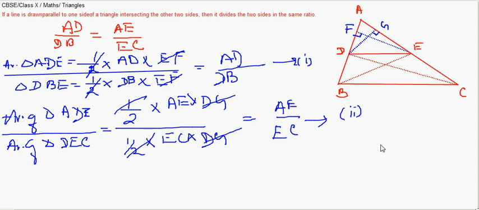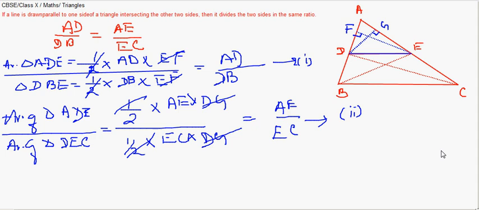Now if you look at DBE and DEC, they are drawn on this common base DE, and also between the parallel lines DE and BC. So what does it say?